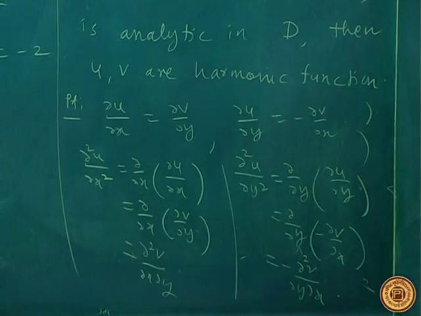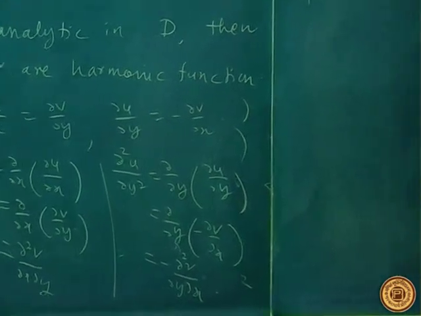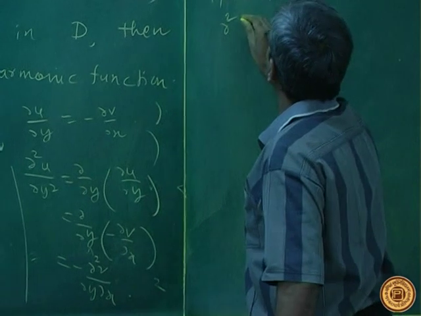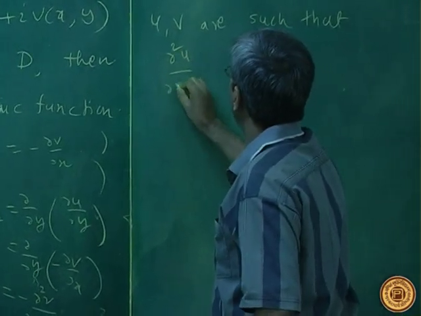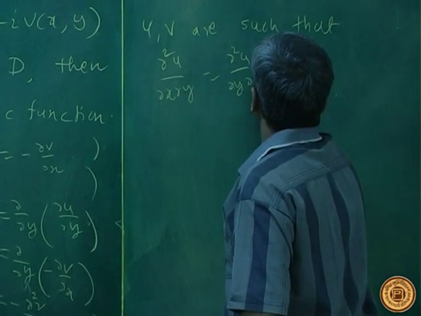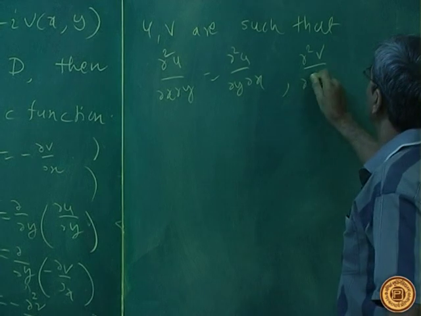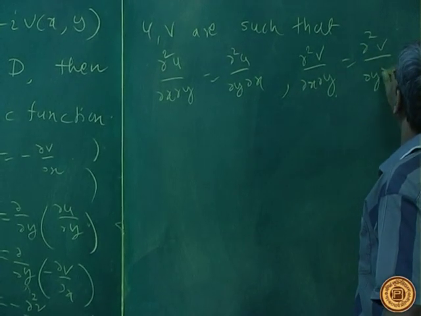Now u and v are such that d2u by dx dy equal to d2u by dy dx, and d2v by dx dy is equal to d2v by dy dx.